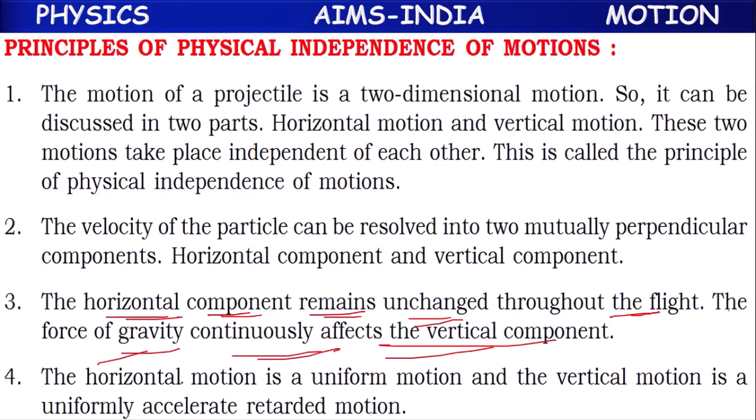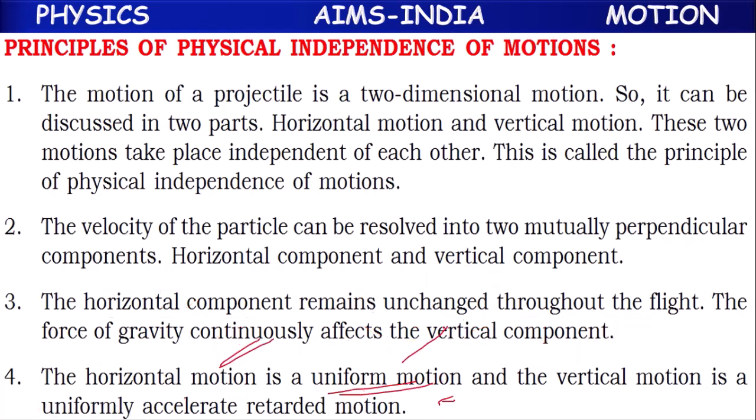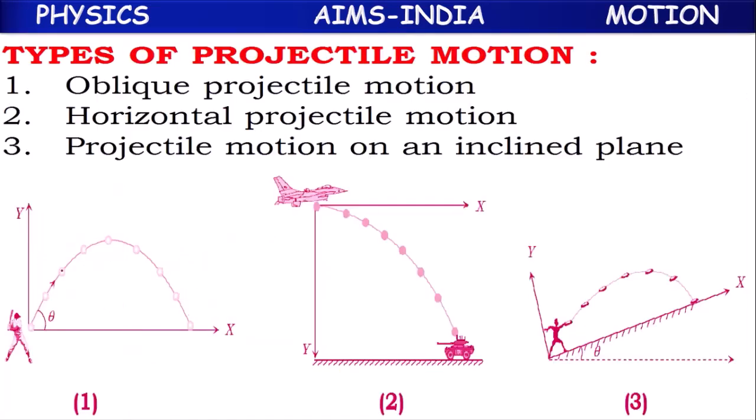So, children, the horizontal component remains unchanged throughout the flight, but the vertical component is affected continuously by the force of gravity. Horizontal motion is uniform motion without any change. Vertical motion is uniformly accelerated or retarded motion. While going up, velocity decreases constantly.